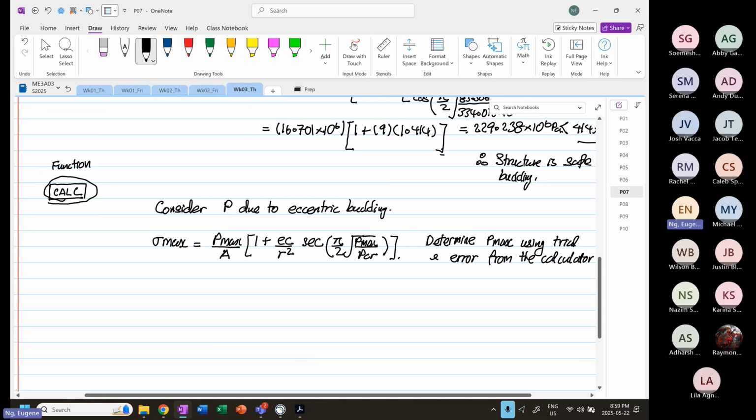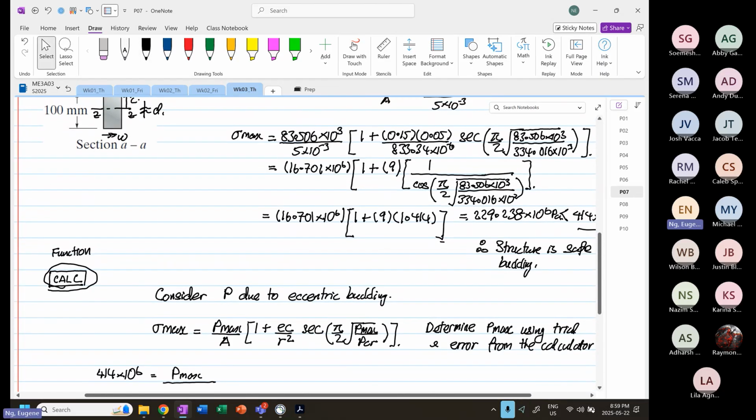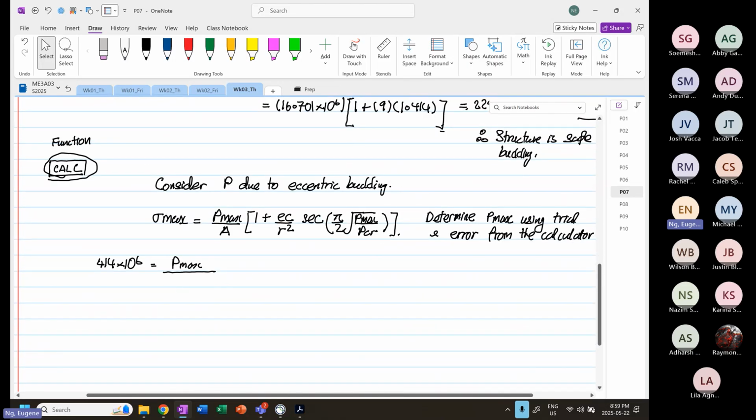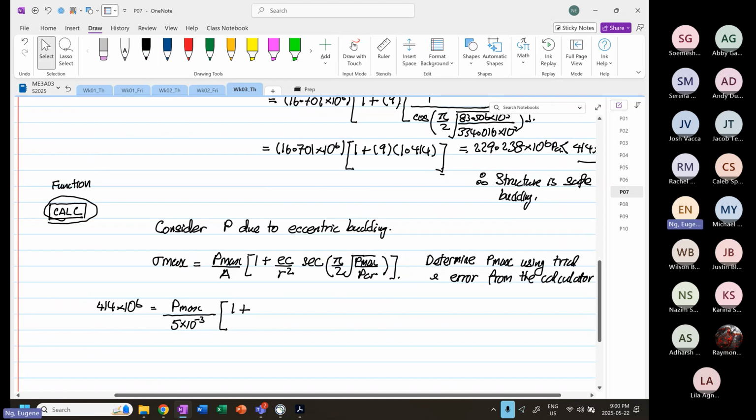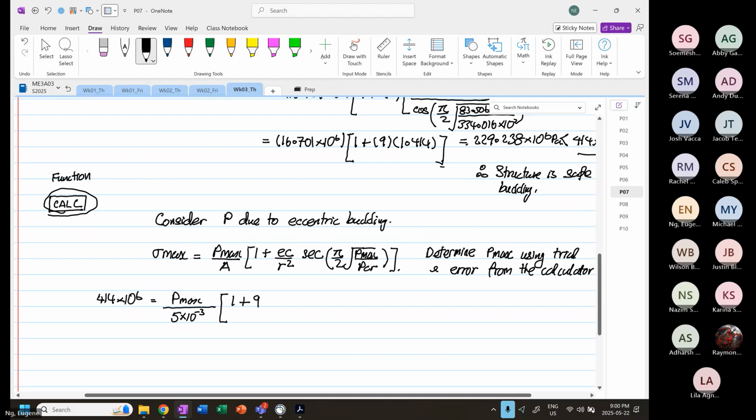Okay. So now we are going to put the numbers in. We have 414 times 10 to the power 6. And then we have P max, and then we have our A. Our area is equal to what? 5 times 10 to the power minus 3. Then we have 1, and then I think we calculate our EC over r squared, which is 9.